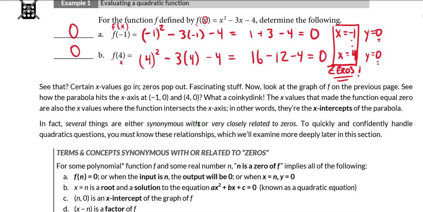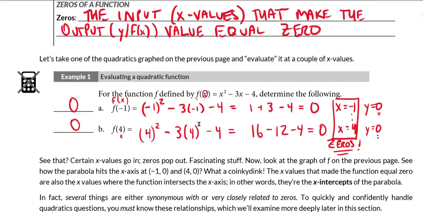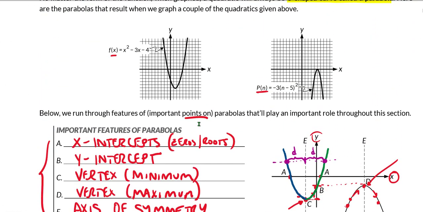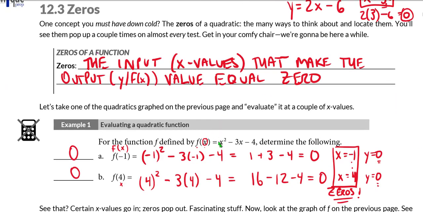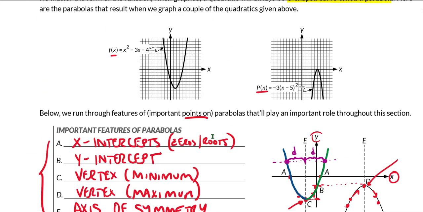By the way, if you look back at the parabola on the previous page, we have x squared minus 3x minus 4. That's exactly the same quadratic function that we were dealing with in example 1 here, and you can see that this parabola hits the x-axis at the points (-1, 0) and (4, 0).